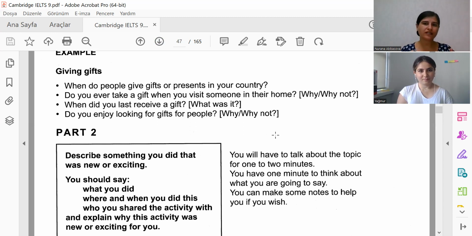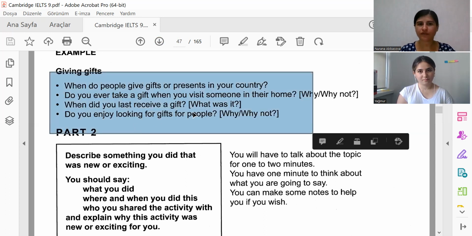If you use short sentences, please try to use longer sentences. We talked about them in the grammar section. You can use simple, compound, complex sentences. Do not keep it too long, do not keep it too short. Two sentences are okay.